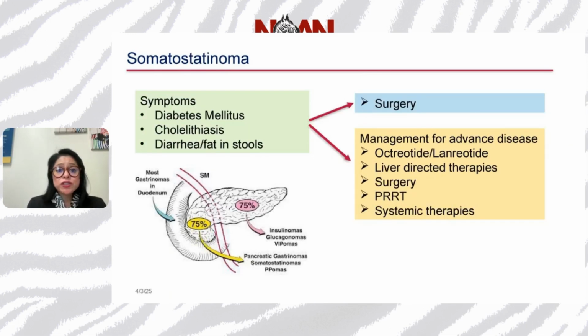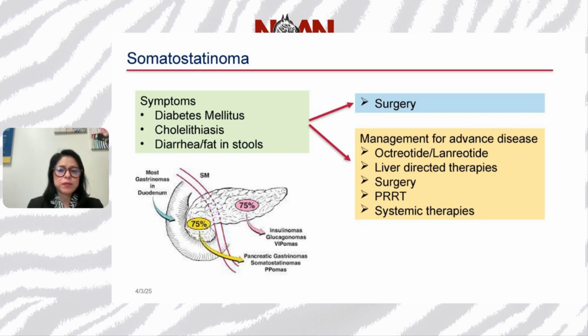Now, somatostatinomas, this is also very rare. The somatostatin hormone is also responsible for insulin metabolism. So if you have a lot of somatostatin, it also inhibits insulin secretion. Somatostatin is also responsible for the metabolism of bile acids, so it can cause gallstones, and it can cause diarrhea as well and fat in the stools.